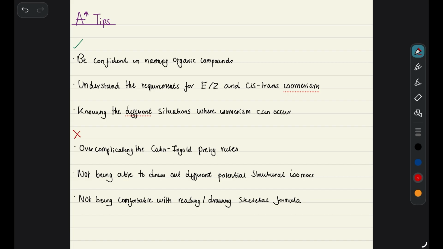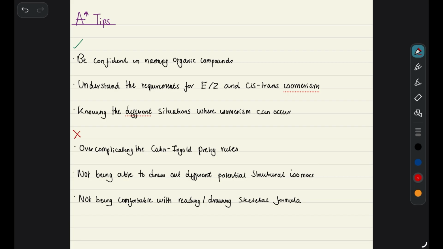In terms of what not to do, I think a lot of people overcomplicate the Cahn-Ingold-Prelog rules. I think you literally just need to focus on higher atomic numbers, higher priority. If it's the same atom attached to the carbon, you just work along the chain until you find a difference. I think that's really what you need to focus on for A level.